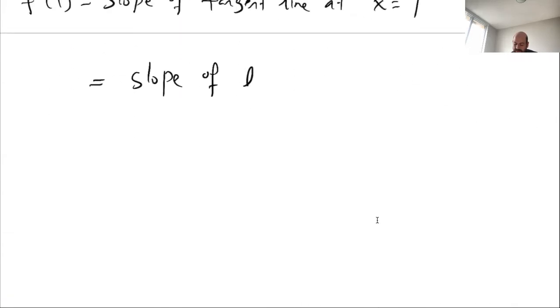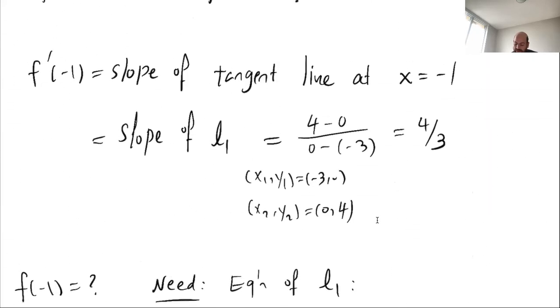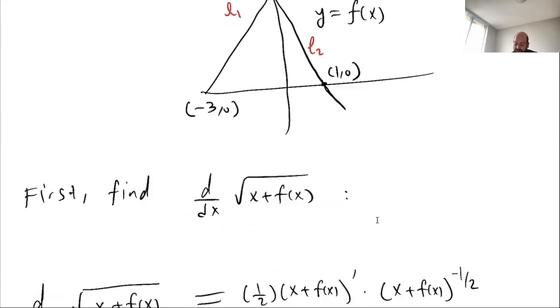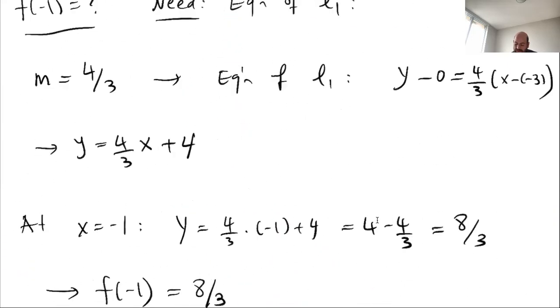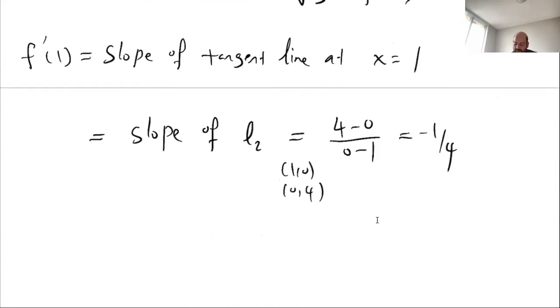How much is that now? You have 2 points again: (1, 0) and (0, 4). So this is 4 minus 0 divided by 0 minus 1. The answer is minus 1 over 4.